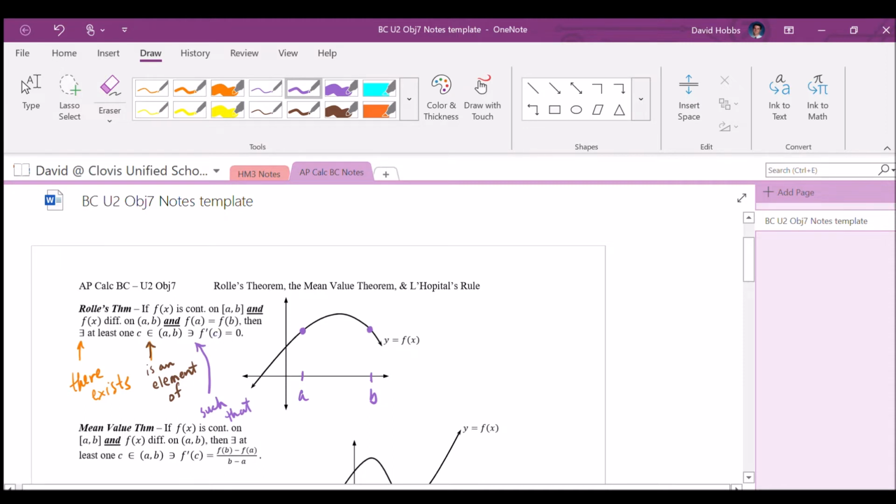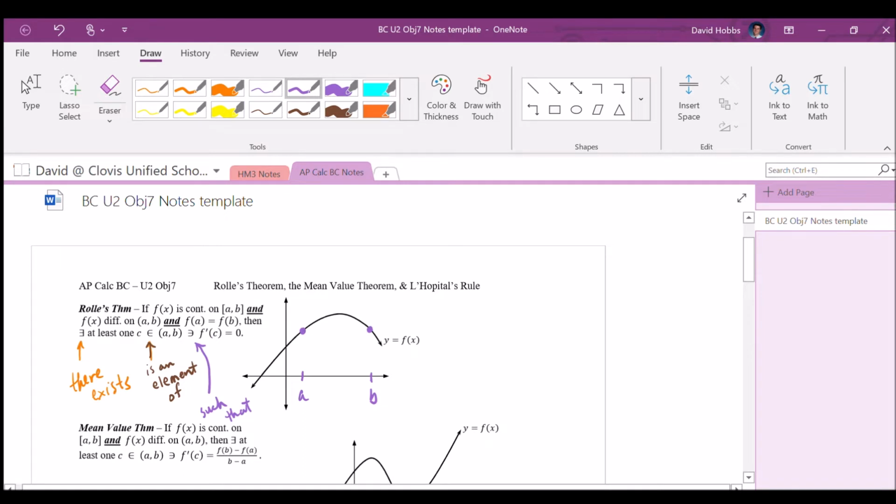Then there exists at least one c that is an element of the open interval from a to b, such that the derivative of f at c is equal to 0.